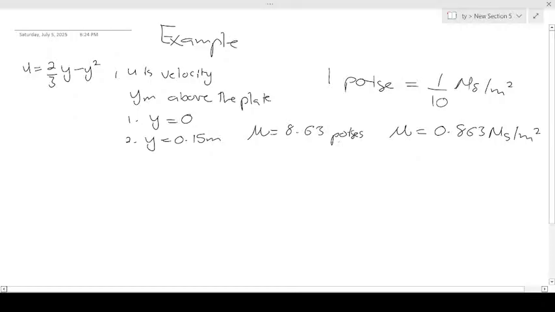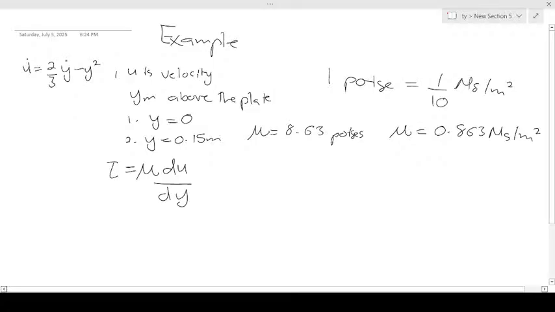Okay, so now let's go straight away. So we know that the formula for shear stress is equal to this, which is mu times du over dy. And here you can realize that the equation for the velocity is given in terms of u and y.